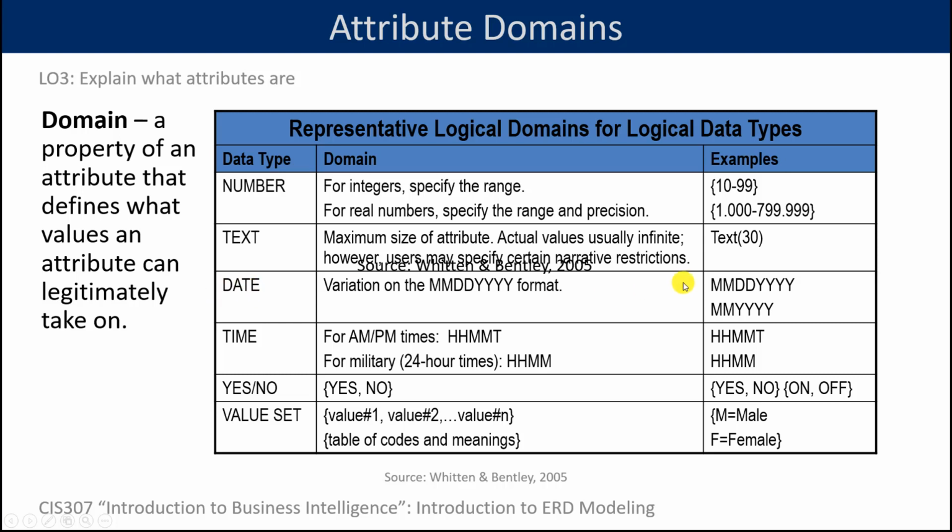For date, you will use a specific format for date and time. For a yes/no variable, the domain can be yes or no, on and off, which means we cannot have values outside of that. And then we can have a value set, let's say days of the week. We can have 7 values, and naturally we cannot have anything outside of that value set, right? We have 7 days of the week, so we cannot have users entering something outside of that set.